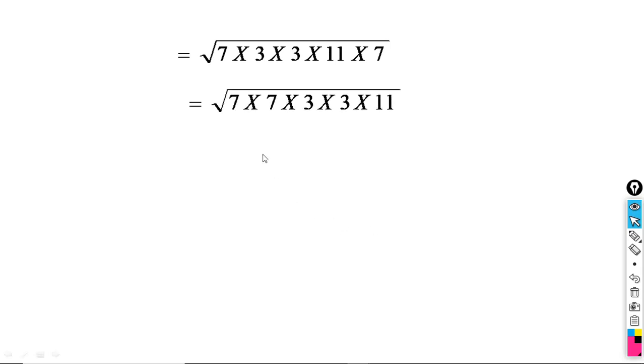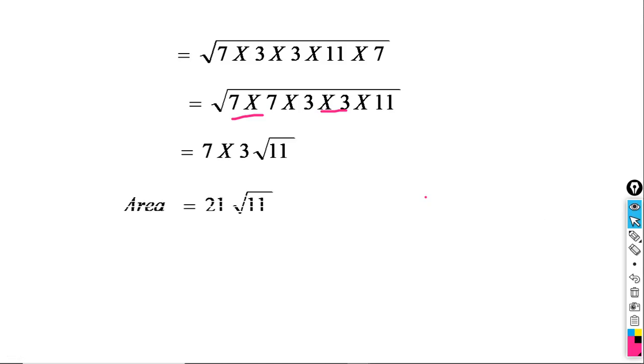By rearranging them, now you observe again there one pair of a 7 and one pair of a 3 is complete, so that will be taken outside the root term. We get 7 into 3 into root 11, or we get 21 root 11 centimeter square. That is the area of a triangle.